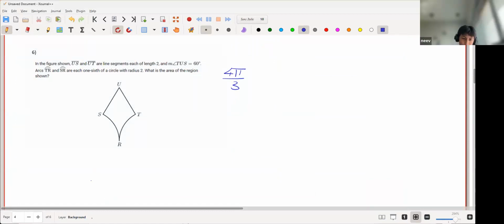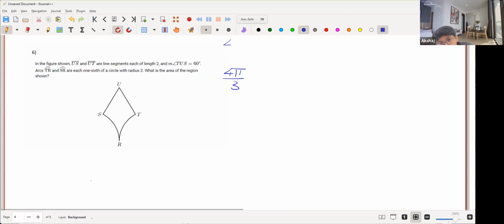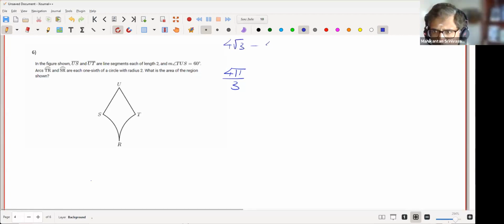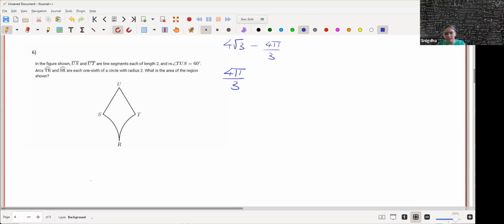Sir, can I recheck my work? I'm not sure. Okay. I'll give it to someone else. Gyan, what about you? Sir, I did not get this answer. Okay. Akshaj, what did you get? I got 4 root 3 minus 4 pi by 3. Okay, Snigdha. You're on mute, Snigdha. Sir, I got 2.73.